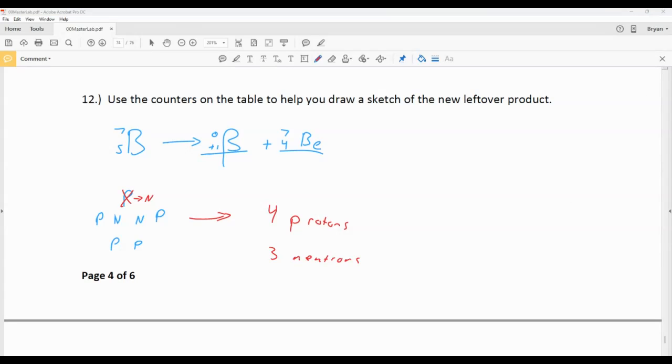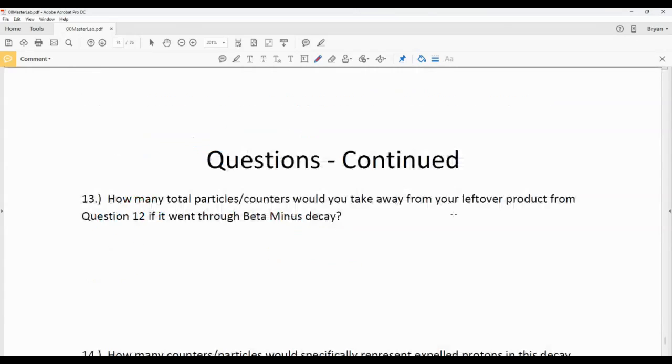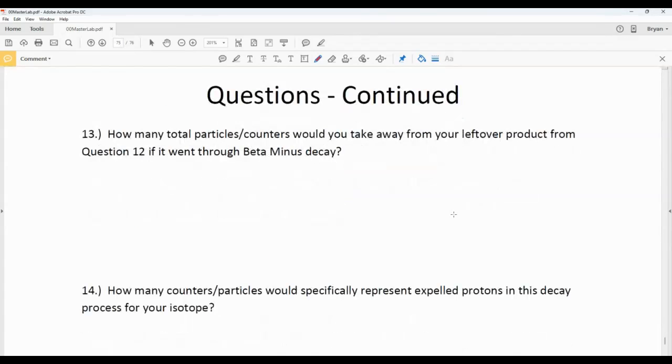Okay, so let's go back and see what the next one's going to be. So beta negative or beta minus decay, like before, is not technically a particle. We draw it out like it's one for the notation. But big clue here, it was beta plus before. We had a plus 1 on the bottom. Now it's beta minus, so you have a minus 1 on the bottom.